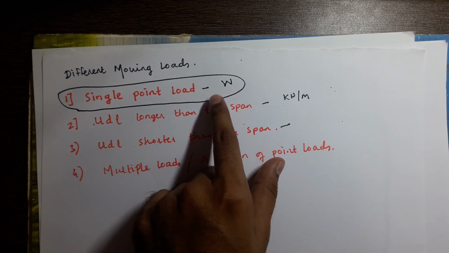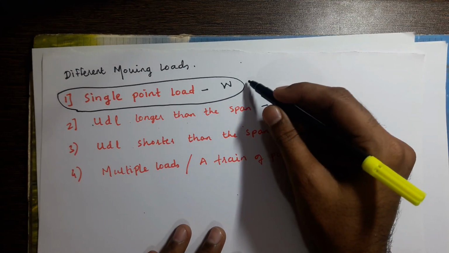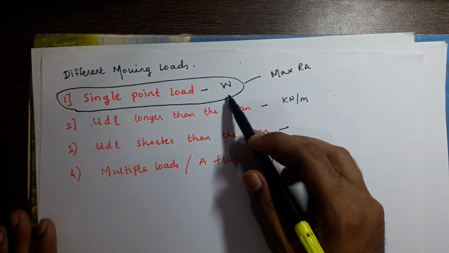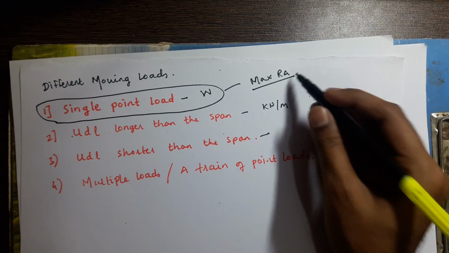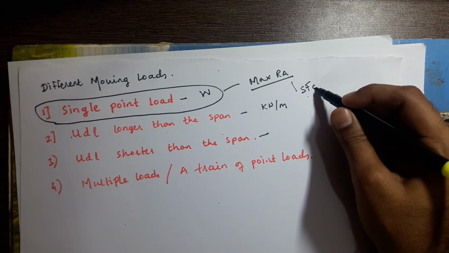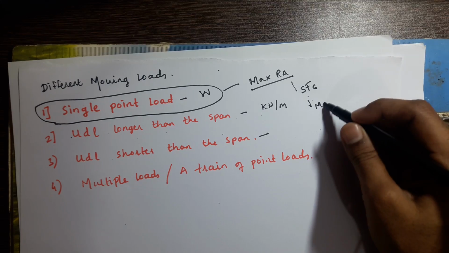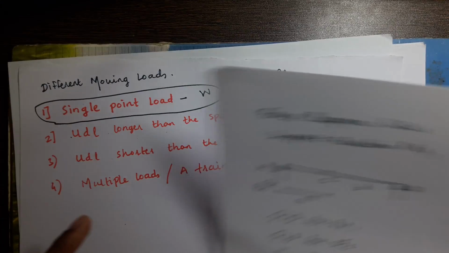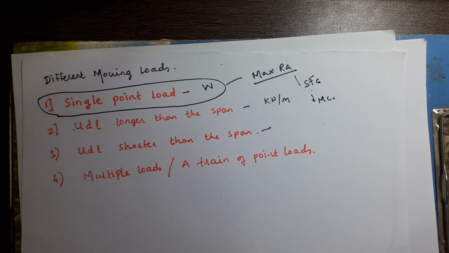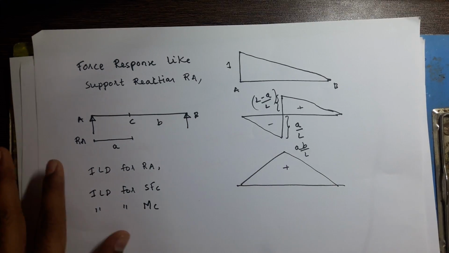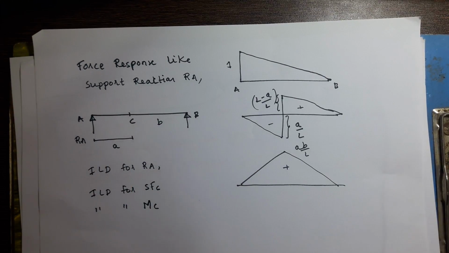When this single point load is moving, how can we calculate maximum RA, where we have to place this load so as to calculate maximum RA, where we have to place this load so as to calculate maximum shear force at C and maximum bending moment at C. So we have drawn the influence line diagram here, and now we will see how the single point load is influencing, and how this RA, shear force at C and MC at C is getting influenced.